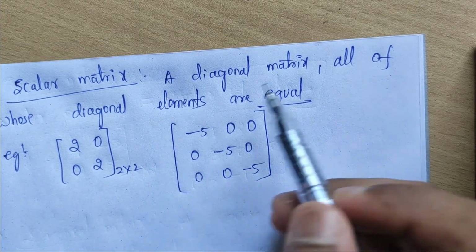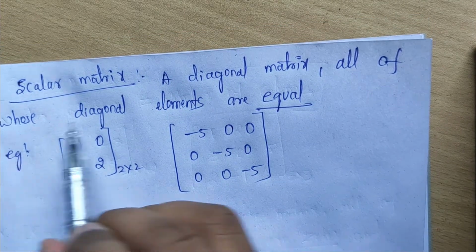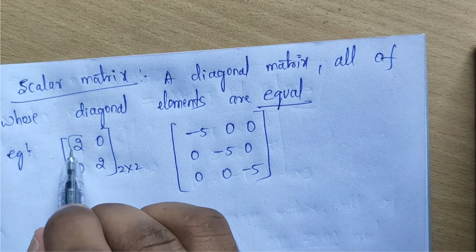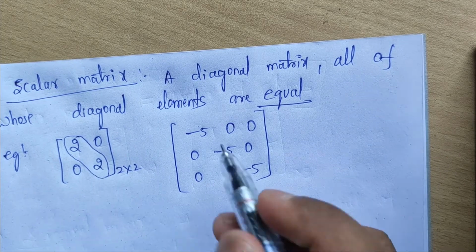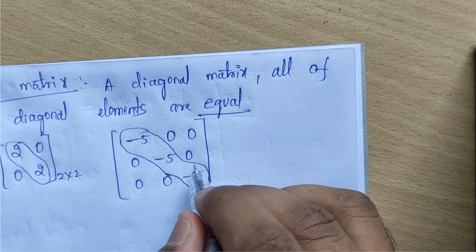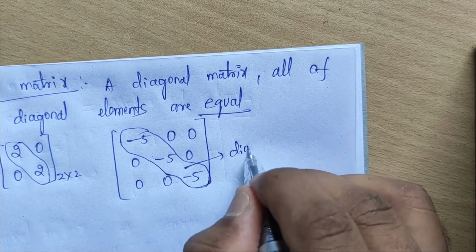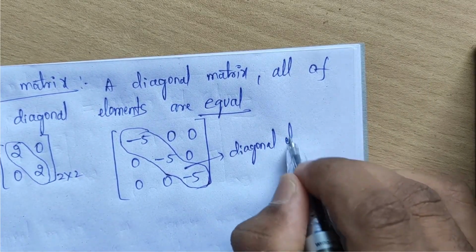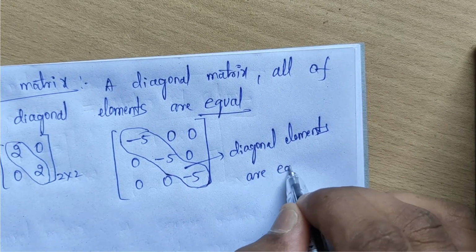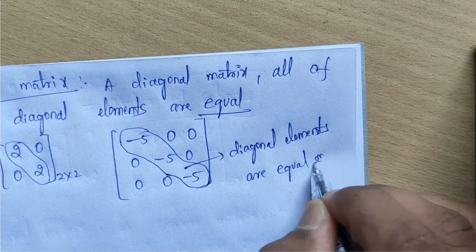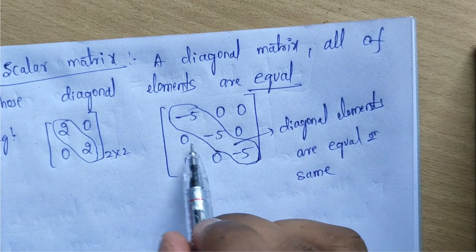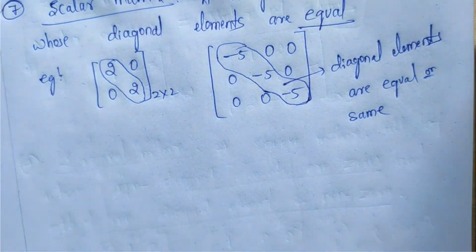The diagonal elements are equal, same. Non-diagonal elements are 0.